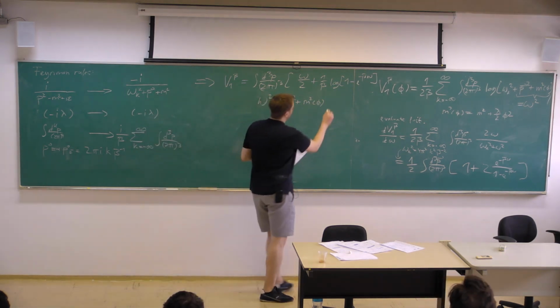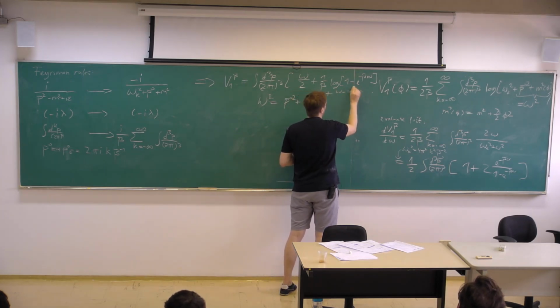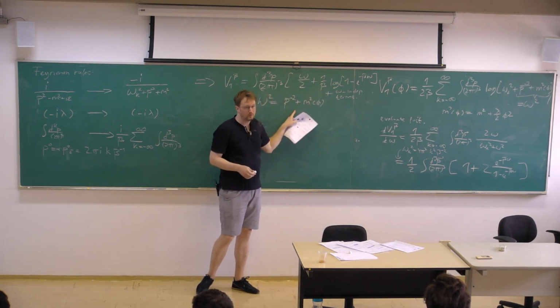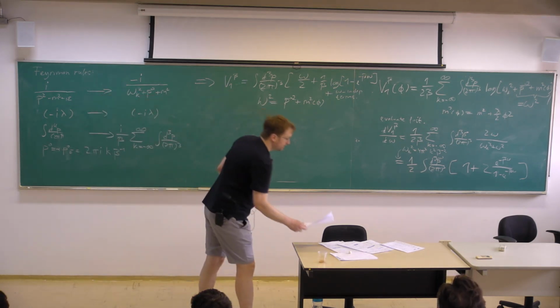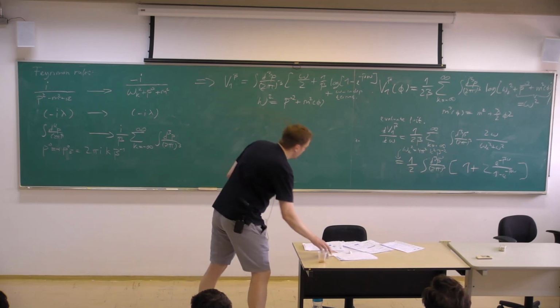And this here is plus omega-independent terms that I missed because I took the derivative with respect to omega. But we don't care about those because they don't depend on the field, so they're just a constant. Okay, and this is almost it, but let's stop here.